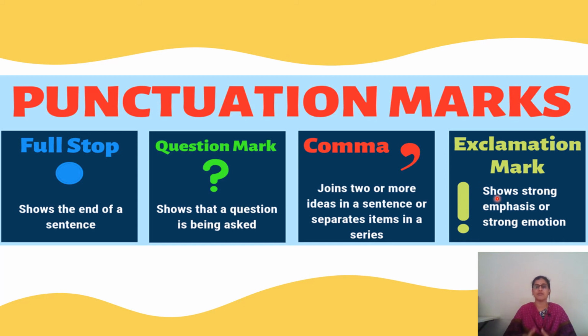So these are the 4 punctuation marks which we would be using regularly or often in our sentences. So when we use something often in our sentences, it is better that we learn them correctly, thoroughly, so that we use them wisely. So that is the reason for this topic, where we are learning about the different punctuation marks.